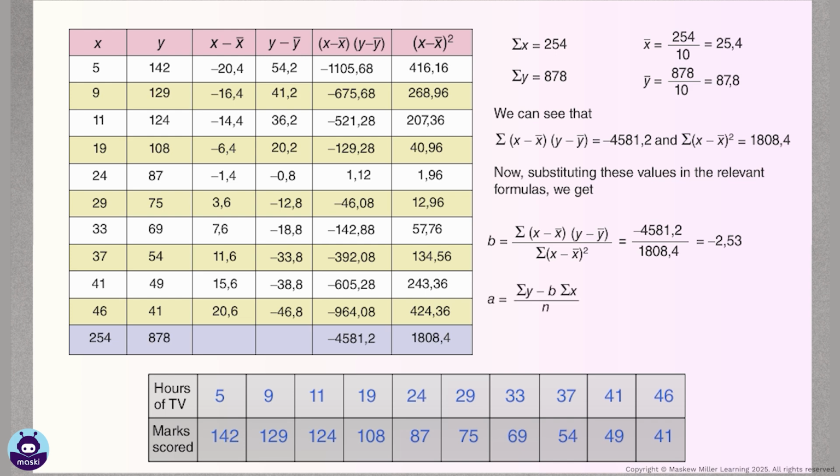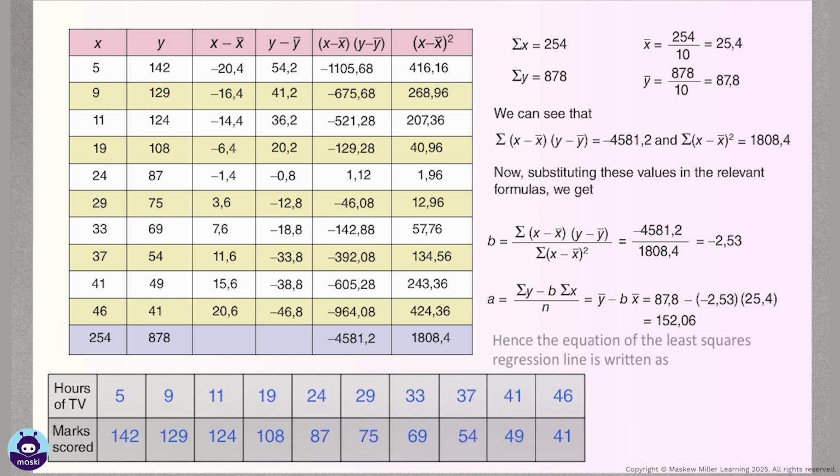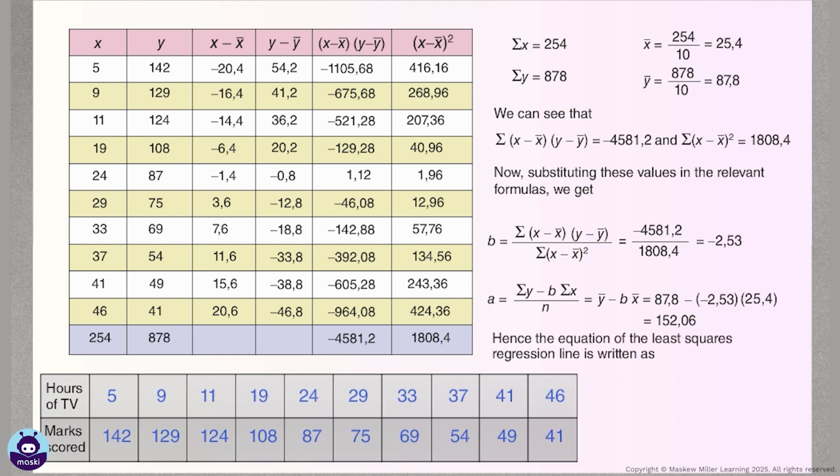A is equal to summation y minus b times summation x all over n is equal to y bar minus b x bar is equal to 87,8 minus negative 2,53 times 25,4 is equal to 152,06. Hence the equation of the least squares regression line is written as y hat is equal to 152,06 minus 2,53x.